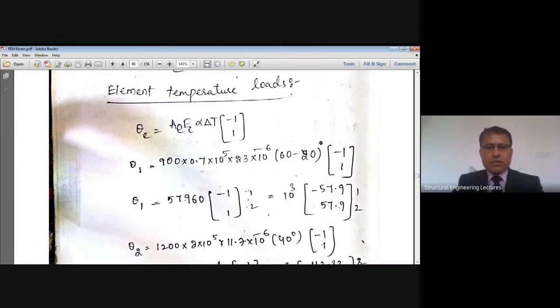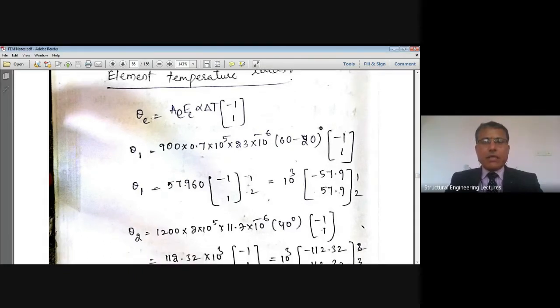Once I get the element stiffness matrix, I'll write the element temperature loads. Just now we have seen what the element temperature loads are: theta E was given by that formula. Substituting in that, I get theta E equals A E alpha times delta T times minus 1, plus 1.